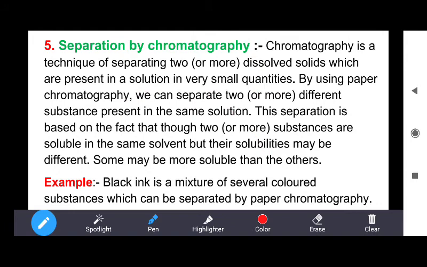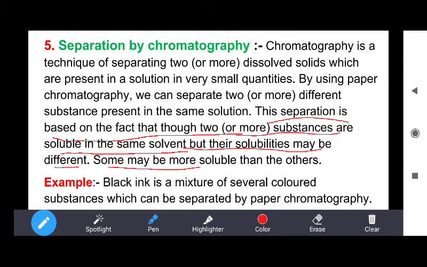Here we will use paper chromatography for separating two or more substances. By using paper chromatography, we can separate two or more different substances present in the same solution. This separation is based on the fact that the substances are soluble in the same solvent, but their solubilities may be different.